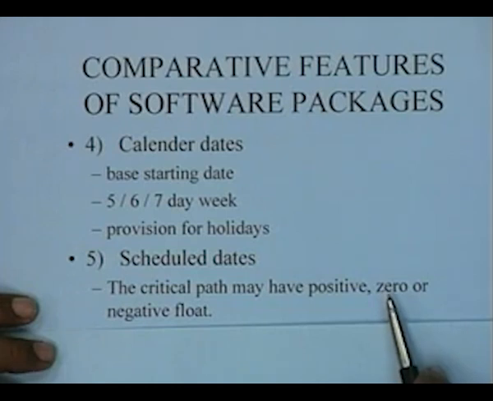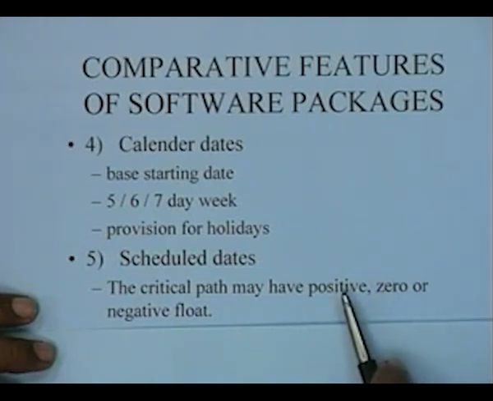The critical path now may have positive, 0 or negative floats. That's what it means. If you calculate the floats with reference to the scheduled date, normally the critical path has a 0 float.